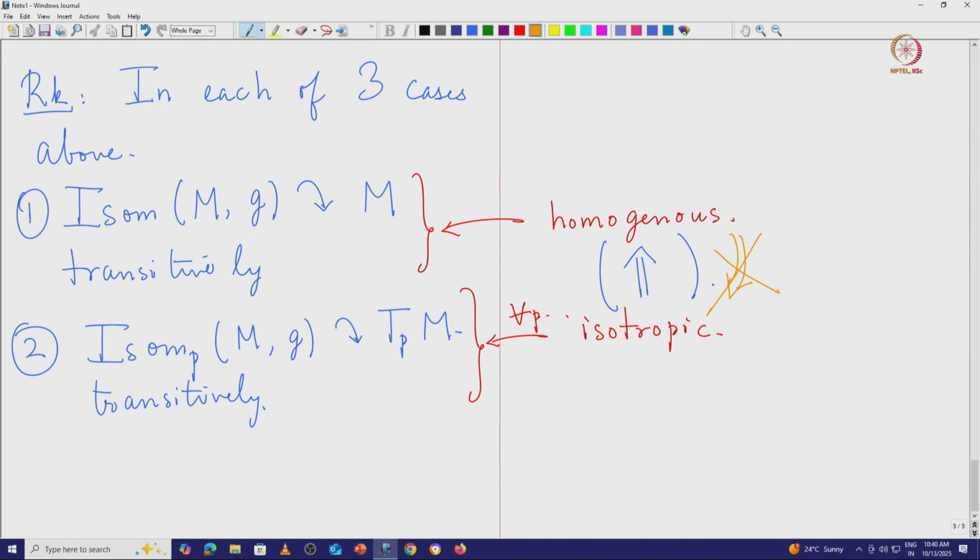So these model spaces are very nice in the sense that they are homogeneous and isotropic. Homogeneous in some sense means that M_g looks the same at all points.